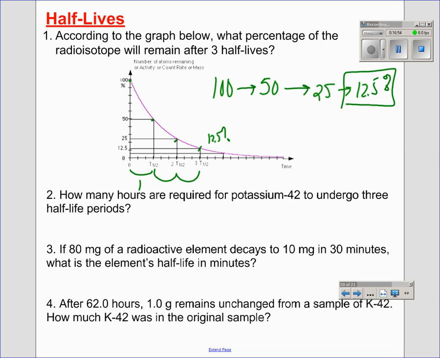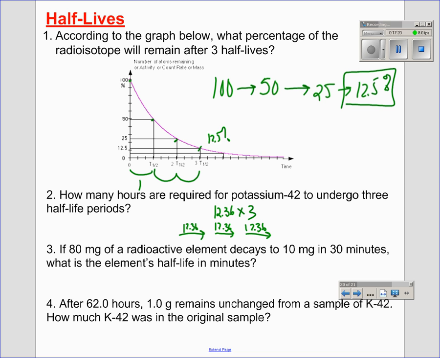Okay, table N, so potassium-42 has a half-life of 12.36 hours. One half-life is 12.36, second is 12.36, third is 12.36. So we'd multiply by 3.